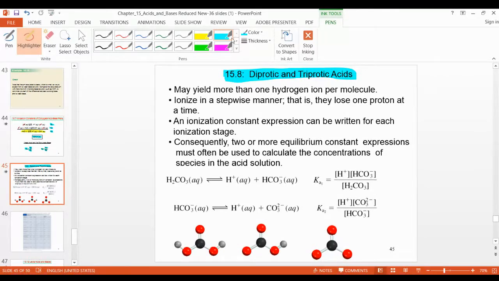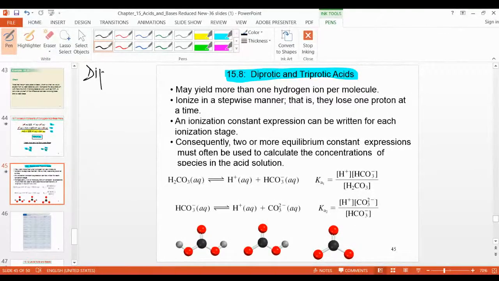These are diprotic and triprotic acids. What are diprotic? Diprotic means 2 protons, right? So now suppose an example we have H2CO3. There are 2 protons here, so it has 2 dissociations.